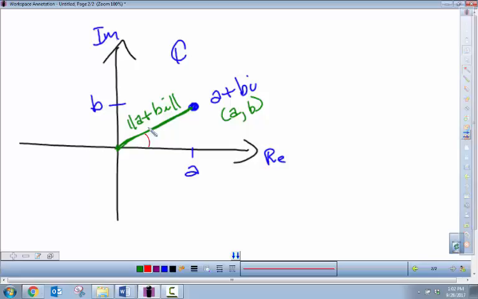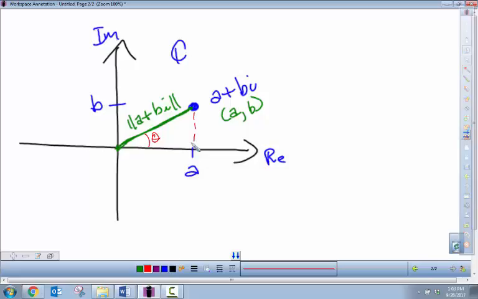Because we're going into the complex plane and looking at these things in 2 dimensions, we can imagine there's some built-in trigonometry involved. So we can find the sine and cosine and tangent of theta, right?